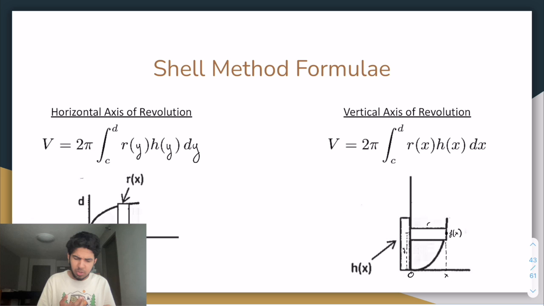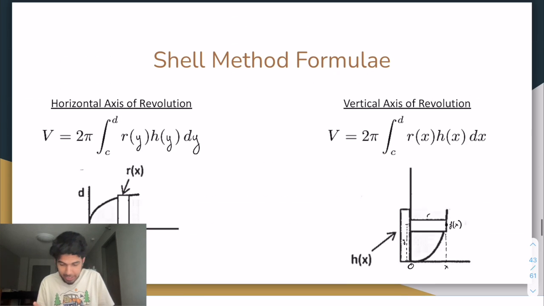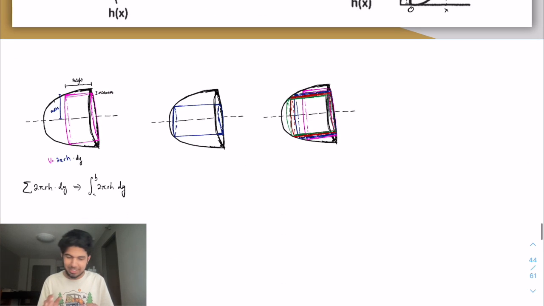And so what's going on here is that if we were revolving around a vertical axis of rotation, we had to worry about solving for x, but now we don't have to worry about that because the integral is with respect to x. So this changes things a lot, and with this we'll have a lot more freedom with how we compute these volumes.